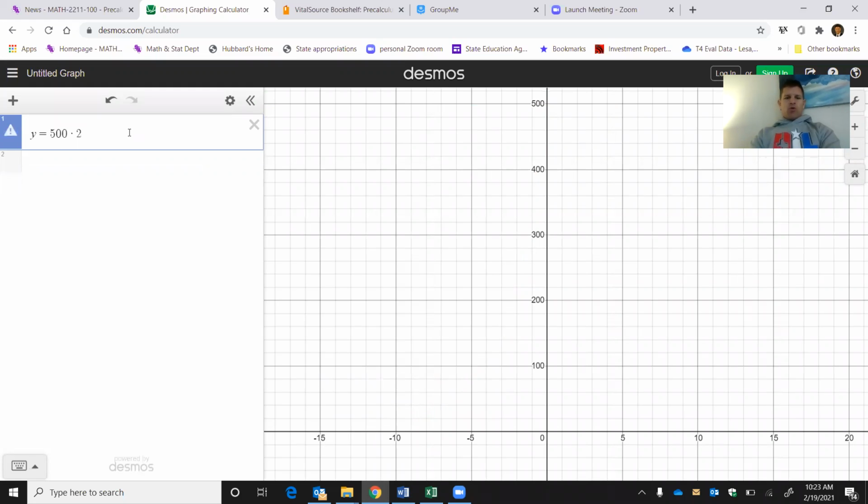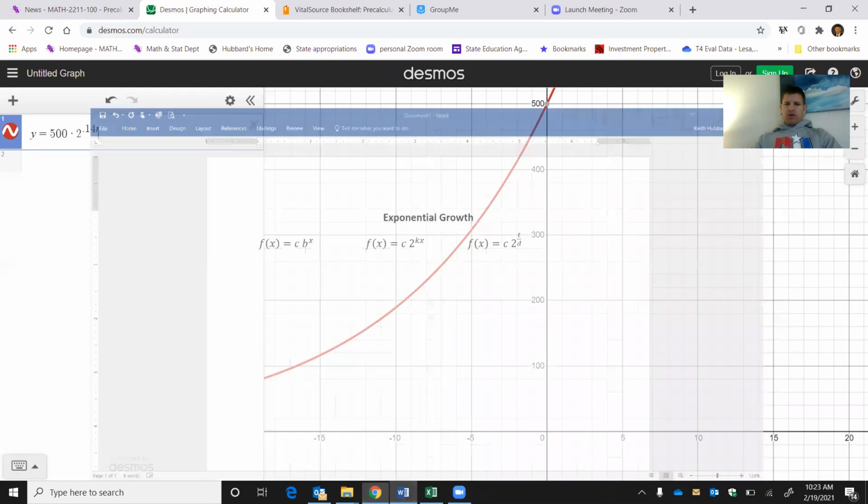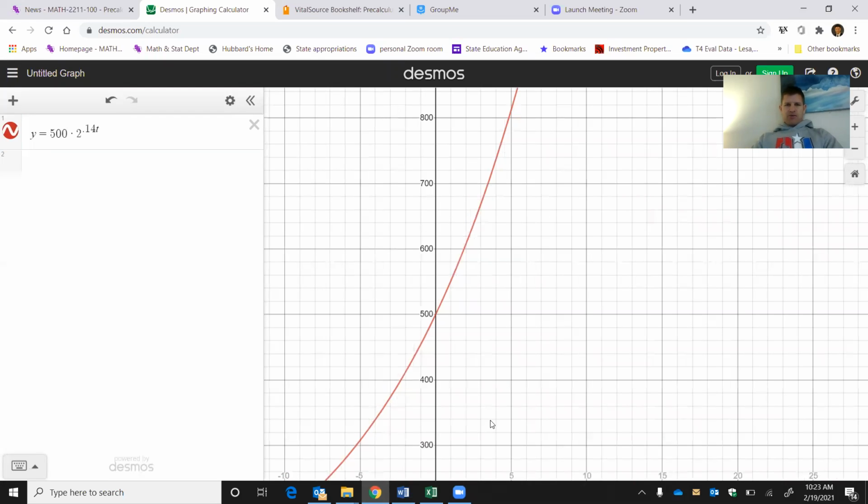Maybe you want to put 0.14 there. Maybe that's the constant k. It doesn't really matter what's there. Then you could look at a model that's similar, see 500, and then we could say, okay, what happens? Well, after 5 days, you're up to 800.